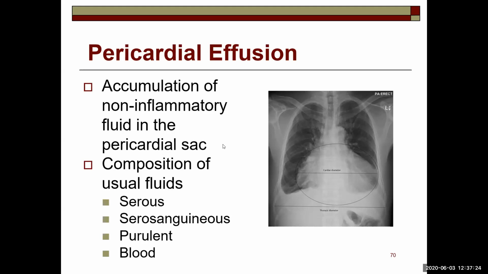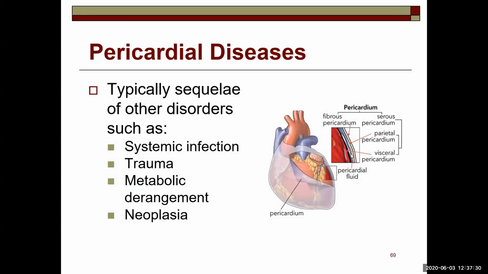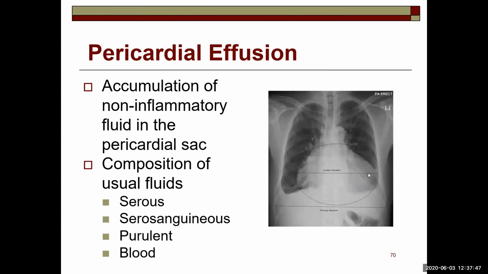Pericardial effusion is basically the accumulation of fluid within the pericardial sac or space. Usually the pericardial space has a teeny bit of fluid lubrication to prevent the rubbing of the visceral against the parietal. But if I have a lot of fluid accumulating here, then I can have what I call pericardial effusion.